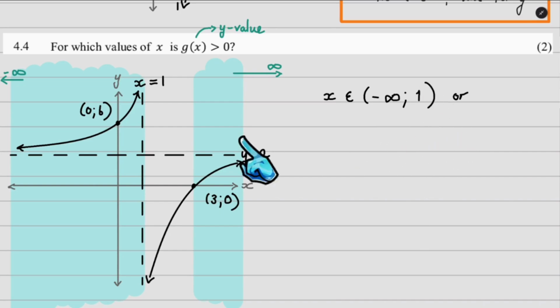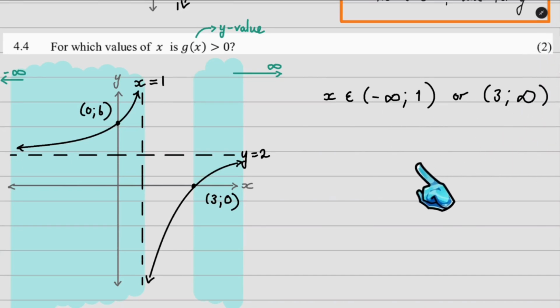And then that comes to a screeching halt at 1, the x value. I use circular brackets here because it's non-inclusive, because there's no equals to sign over there. Then you put the word or and you state your second region. Now the second region is over here and it starts at the x value of 3 and goes on forever to infinity. And that will be good enough to get you the 2 marks.